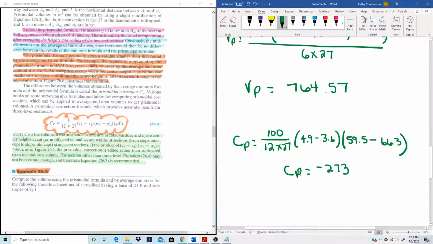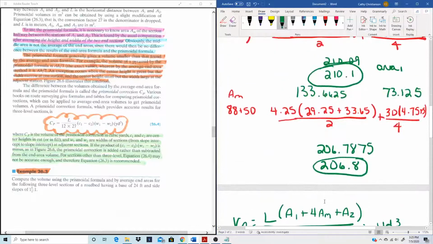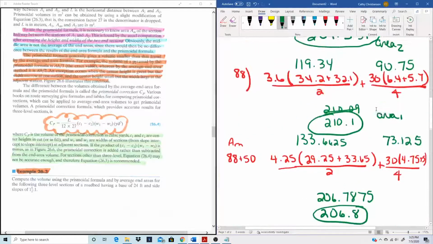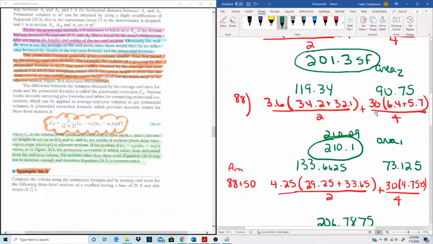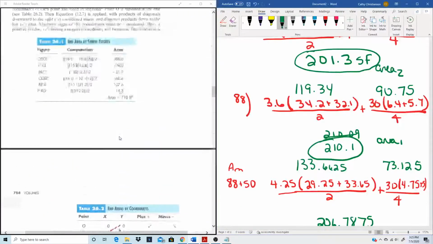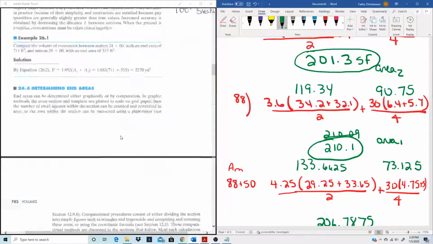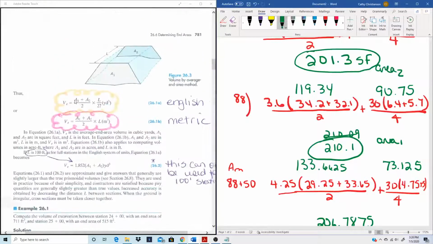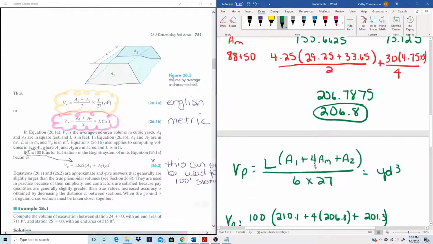Alright, so if I ask you to solve this by averaged end areas, the average end area would just be area 1 plus area 2. So if I wanted you to do V sub E for the same problem, I'm going back up to this one right here. Area 1 plus area 2 divided by 2 times the length divided by 27. Let's see what we get.